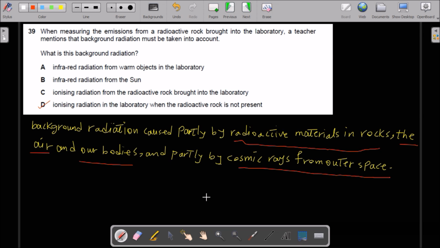These are causes of background radiation. That's why when there is no radioactive rock in the laboratory, then you can consider background radiation. So D is right. Ionizing radiation in the laboratory when the radioactive rock is not present.